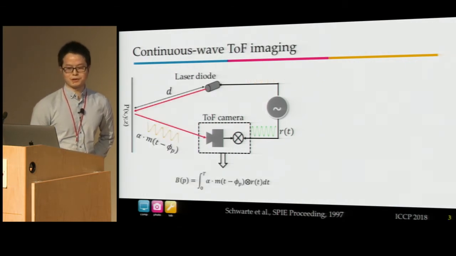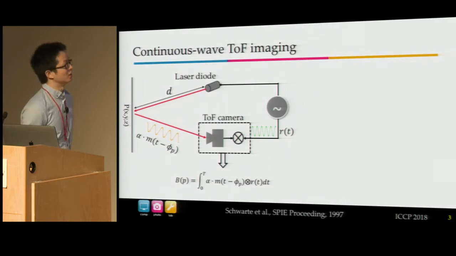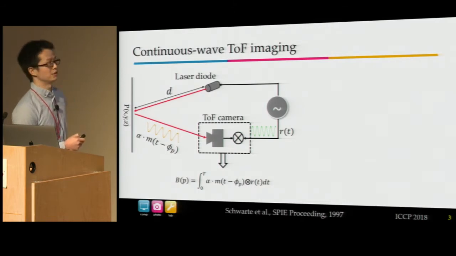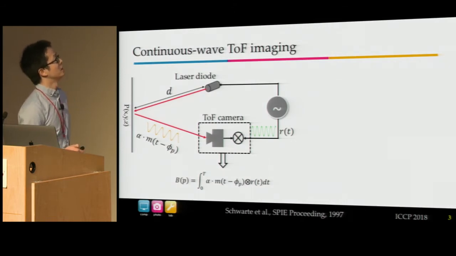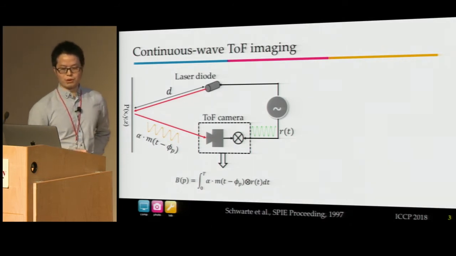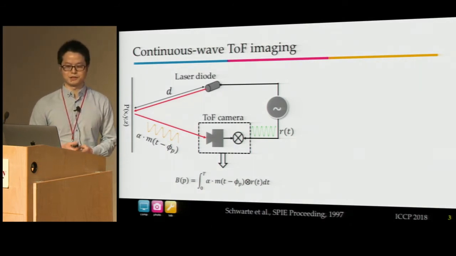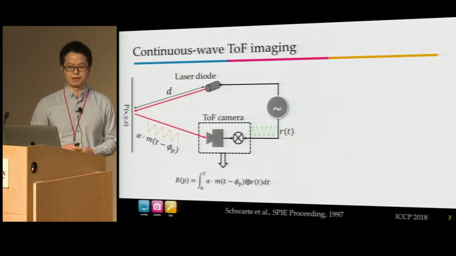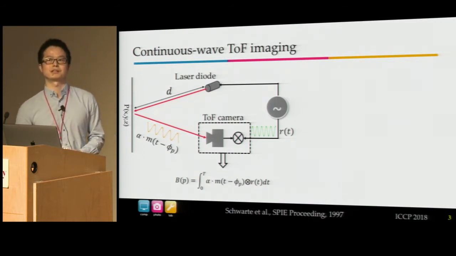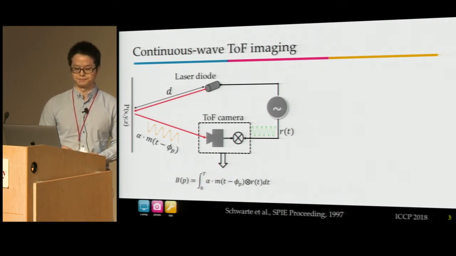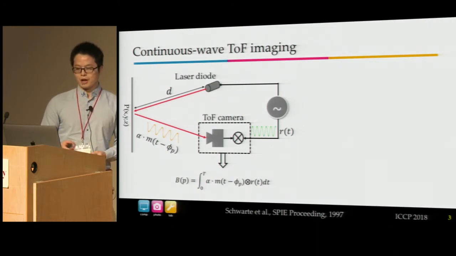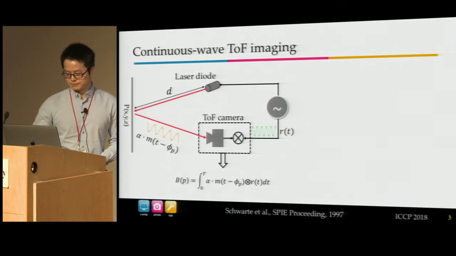The beam from the laser diode illuminates the object, and the camera detects the reflection signal bouncing back from the object. The camera then outputs the autocorrelation between the reflection signal and the reference signal, integrated over some time.